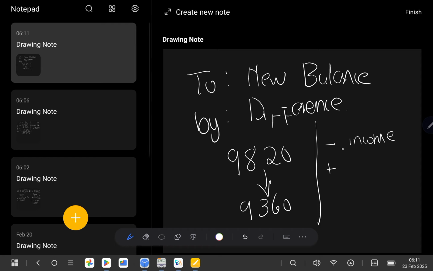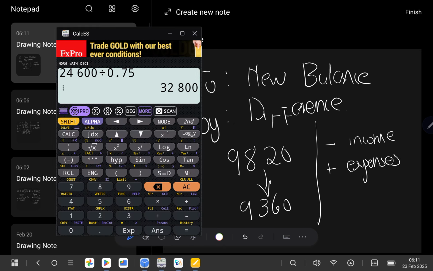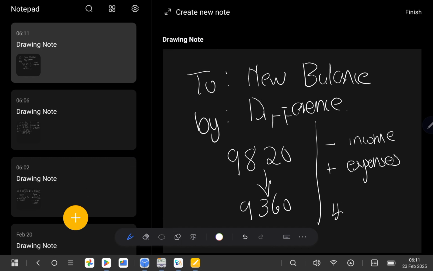If it increases, you are going to record the difference under expenses. So let's check what is the difference. 9,820 minus 9,360, we are getting 460. So it has gone down by 460. So this 460, we will record as provision for bad debts adjustment under other operating incomes.